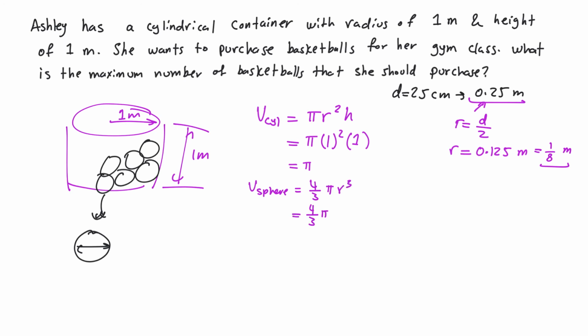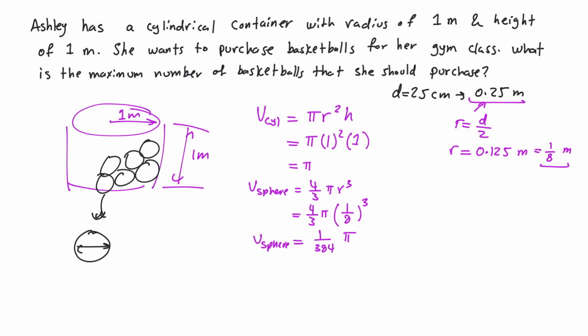So 4/3 pi, I will plug in 1/8 cubed as my radius, and I will get, once I multiply everything together, so you can put this on your calculator. I'm just doing this multiplied by this and leaving the pi as is for now. And if I do that, I will get 1/384 pi as my volume of the sphere.